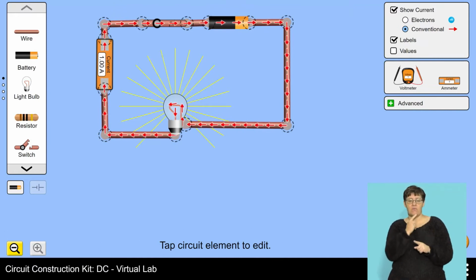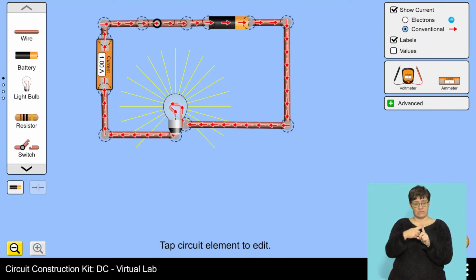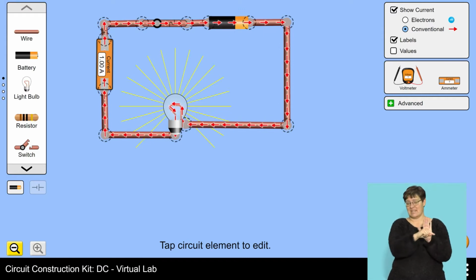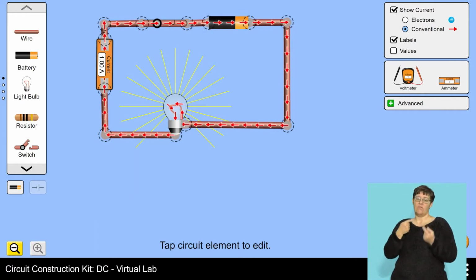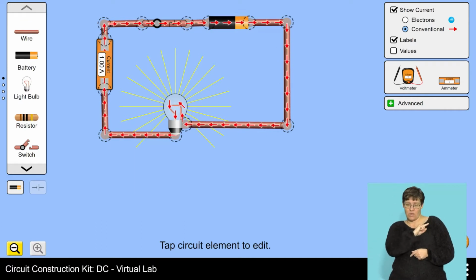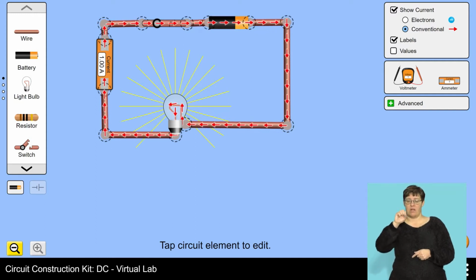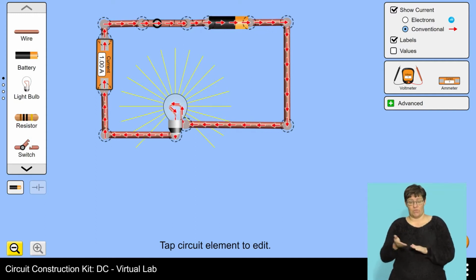What is standard is that current flows from the positive to the negative terminal, as the arrows indicate. Hence, we refer to it as the conventional flow of current.